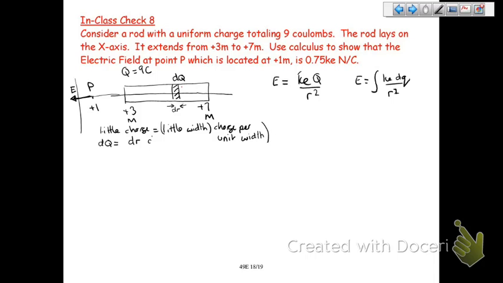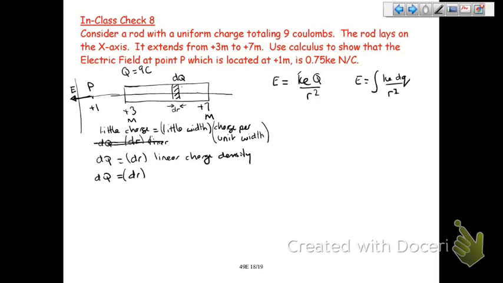So if it's a wider little width, it's going to get more charge. If it's a smaller little width, it'll have less charge. And this would be, if you like, the linear charge density. So dq is equal to dr times the linear charge density.